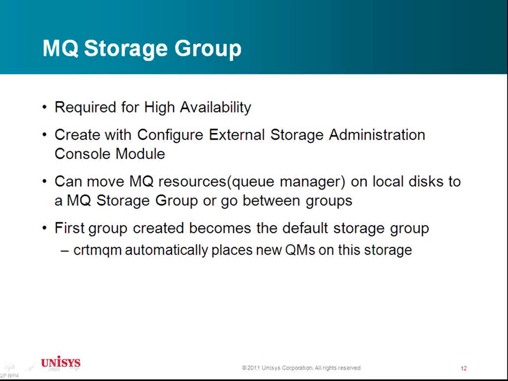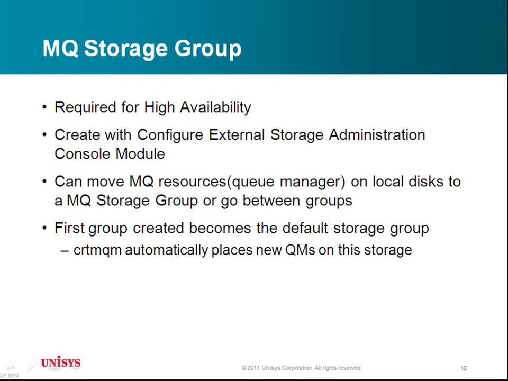The MQ storage groups and external storage are required for high availability. You create the MQ storage group using the Administration Console GUI, the Configure External Storage module. As I have said, once the MQ storage group and the queue managers are assigned, the queue managers can easily be moved between groups.